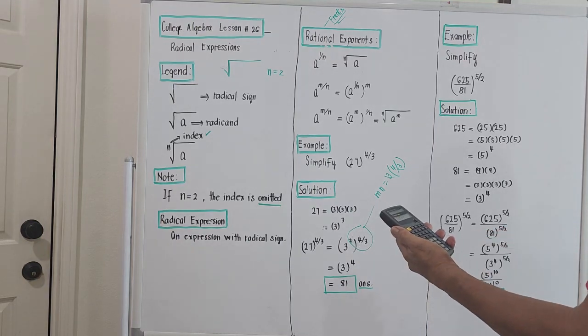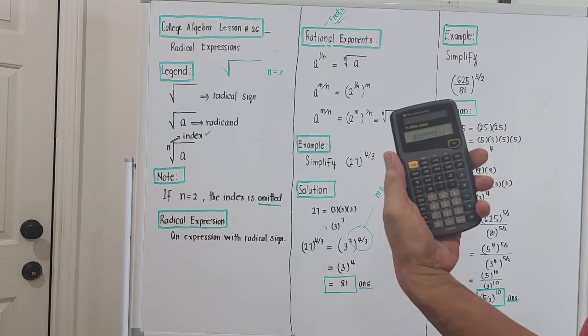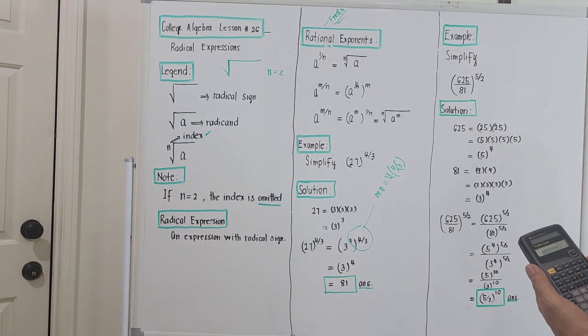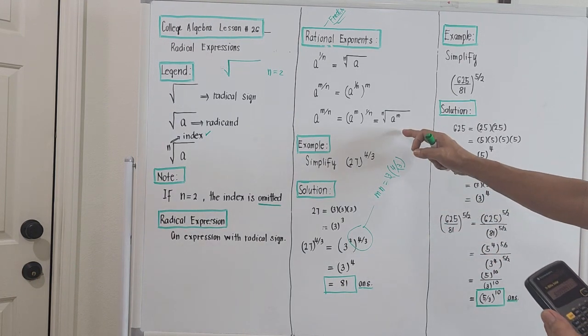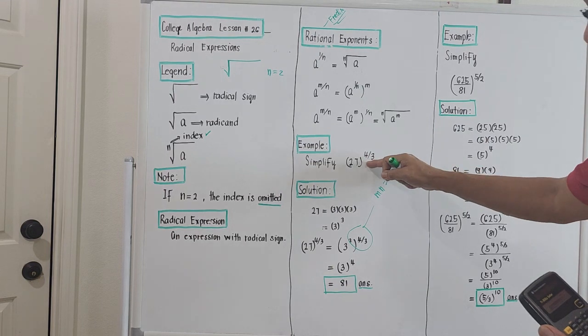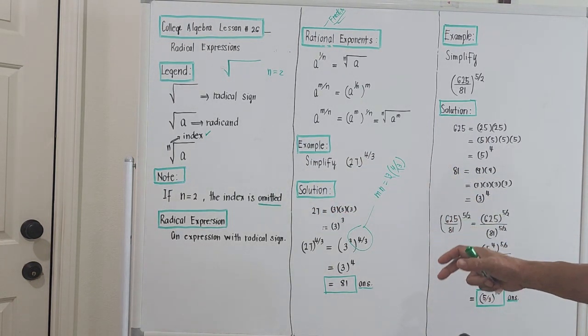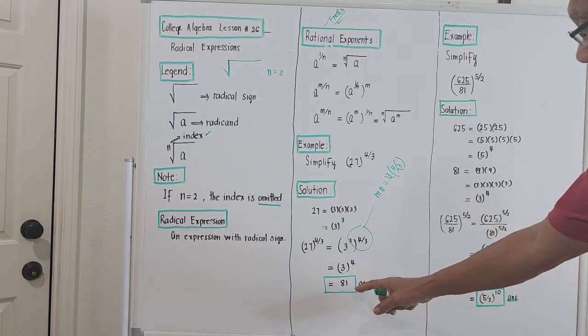And the answer should be 80.999, or approximately 81. So the correctness of our answer by using the calculator is 81. And as per the radical solution method, the answer is actually 81.